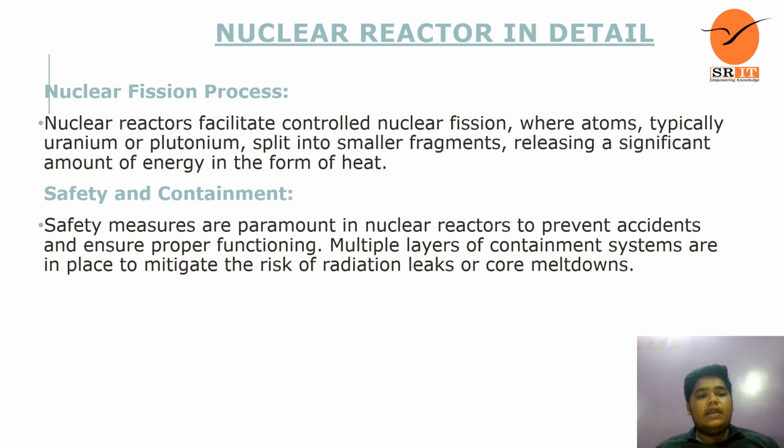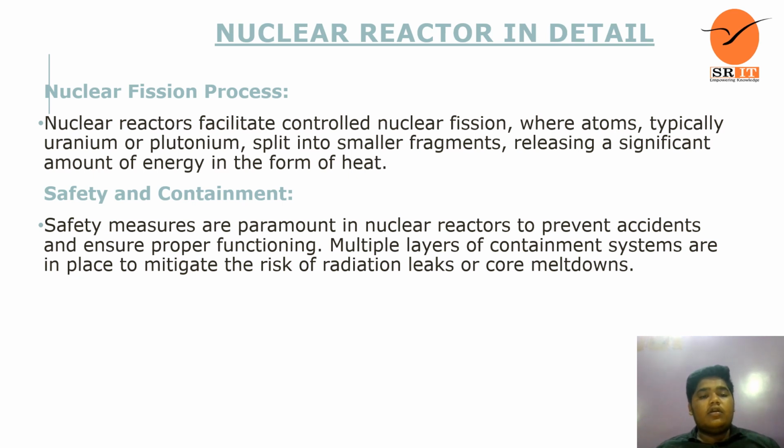Nuclear reaction in detail. Nuclear fission process. Nuclear reactors facilitate controlled nuclear fission, where atoms, typically uranium or plutonium, split into smaller fragments, releasing a significant amount of energy in the form of heat.